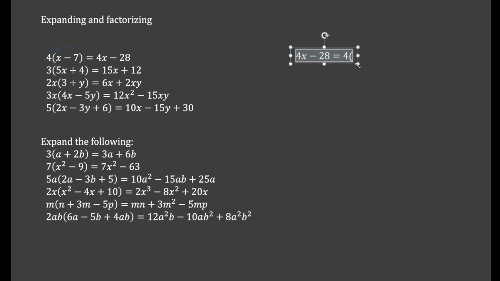How I would factorize is I would say 4x divided by 4, or how many times can 4 go into 4x, and that leaves you with x. And you divide minus 28 by 4, which gives minus 7. Again, the signs are going to be important.